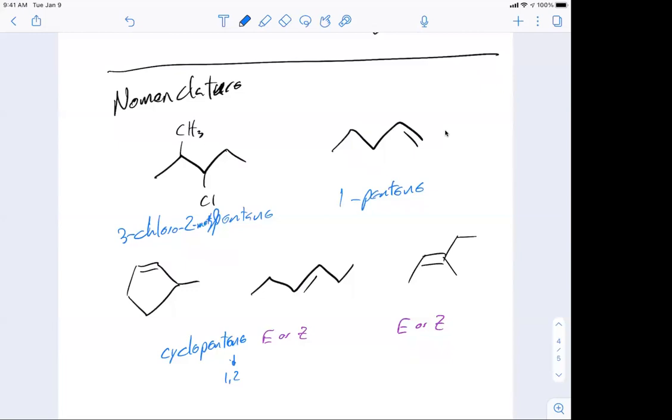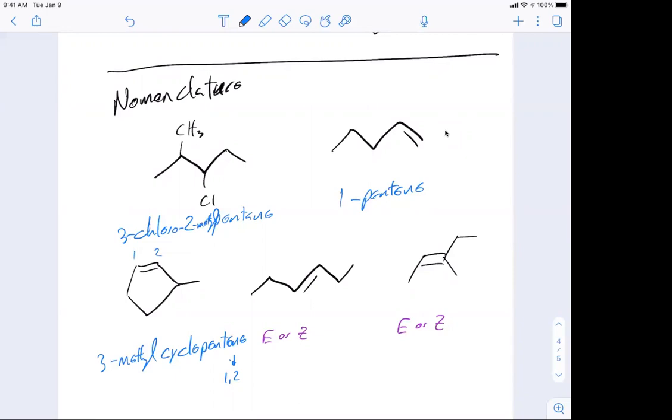And then since that's 1 and 2, that means the methyl, the lowest it can be is 3. So this is 3-methylcyclopentene. Okay, so the ene in the cyclics, well, we haven't got the alcohols, but when we get to alcohols, we'll see that in cyclics, alcohols don't need to be numbered because by convention, they are 1. Here, the double bond is not numbered because by convention, it is 1 and 2.